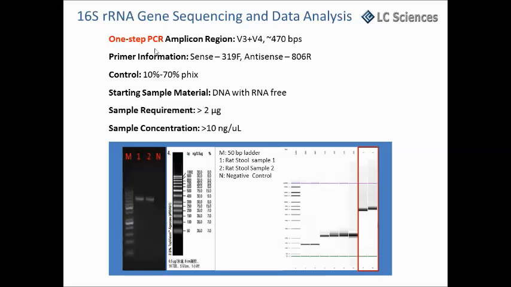We know that it's just a PCR reaction here to amplify the amplicon. But if we have a good quantity of DNA, that will be much easier to do the sequencing job instead of using low quantity DNA samples.